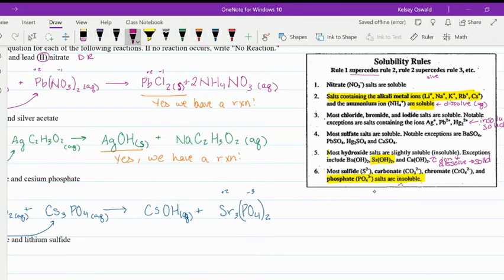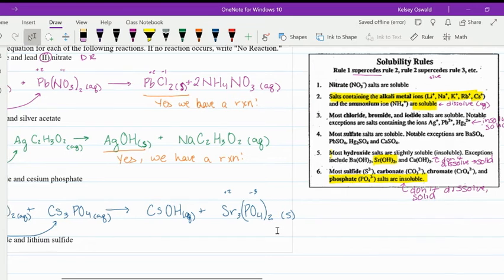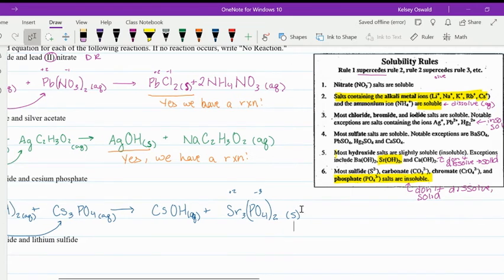If something is insoluble, that means it doesn't dissolve, and it's going to be in the solid state of matter. So insoluble, think solid. That means our strontium phosphate here is what we call our precipitate. Remember, the solid we form is called a precipitate. So we show that the strontium phosphate is our precipitate by putting the s afterwards. Yes, we form something new, so we have a reaction.